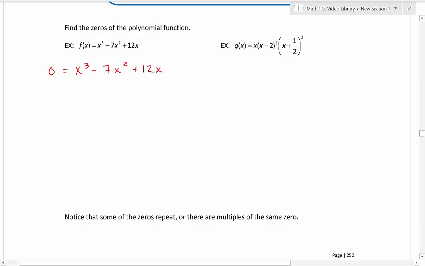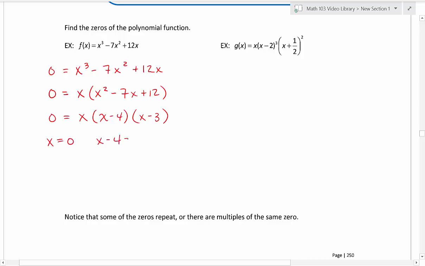Notice that we have a common factor of x on the right, so we'll factor that out. And then we can factor that quadratic further, x minus 4 times x minus 3. Now that we're fully factored, we can set each one of our factors equal to 0 and solve.